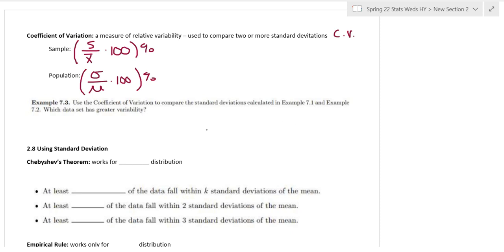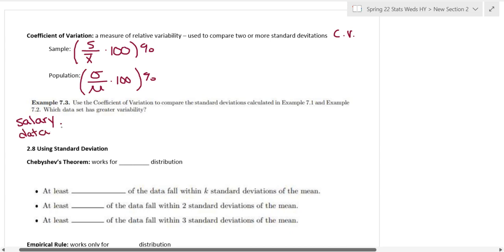So for 7.1, that was the salaries. That was a population. So our population standard deviation was 19.721. And the mean we had found was 74.88. Ignore that extra decimal there.